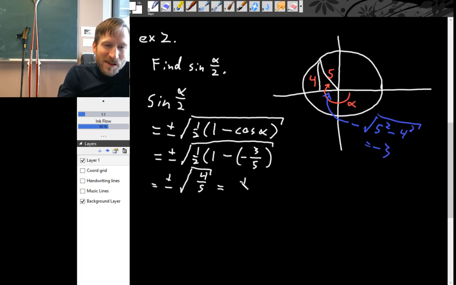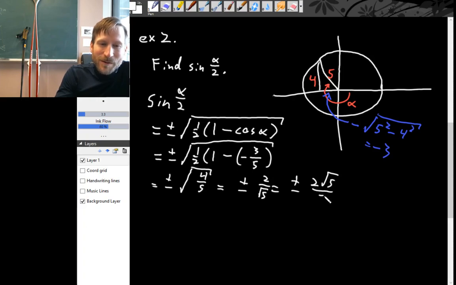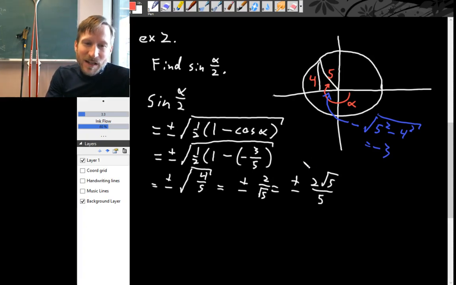So we get plus or minus 2 over root 5. Or if you like to rationalize your denominator, 2 root 5 over 5.